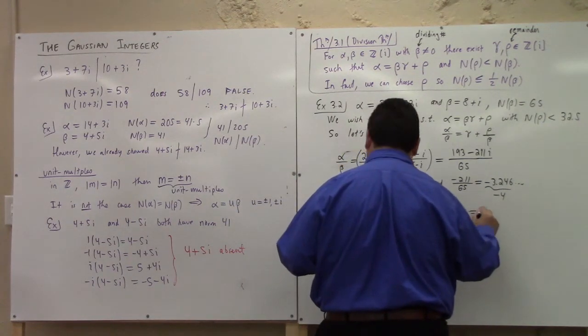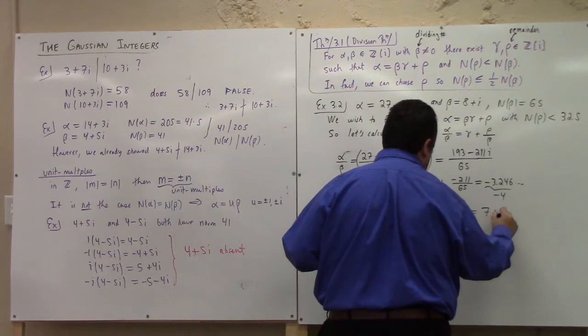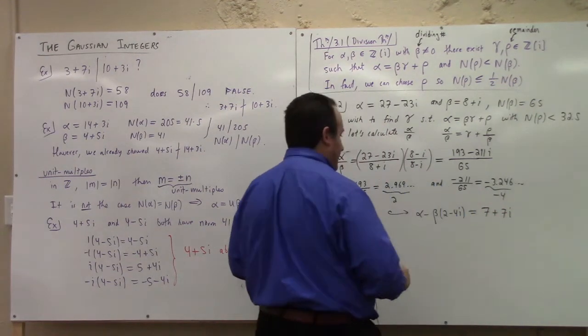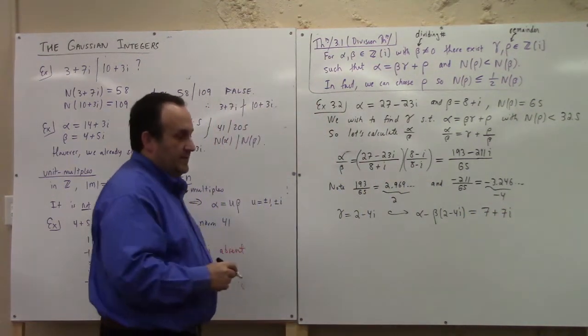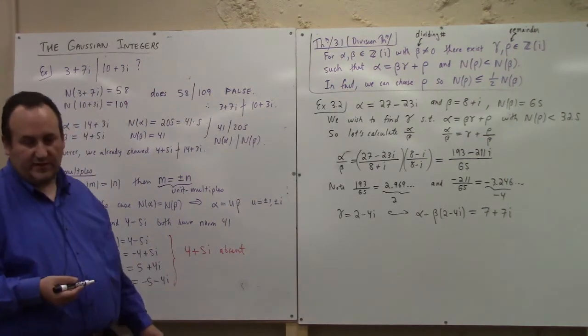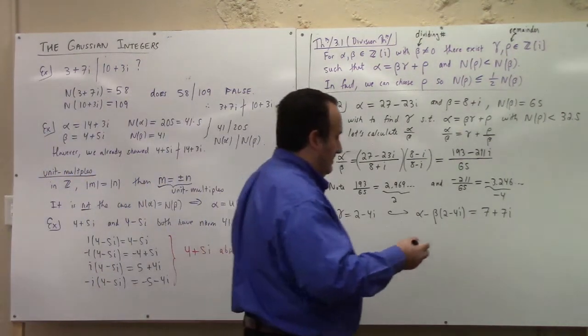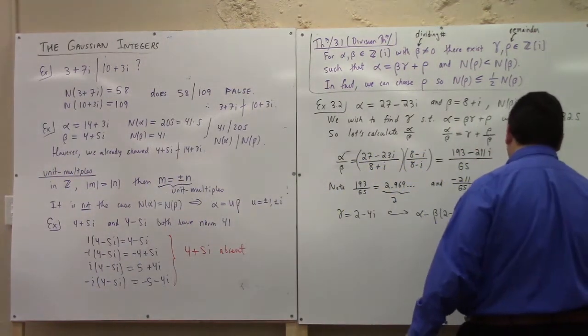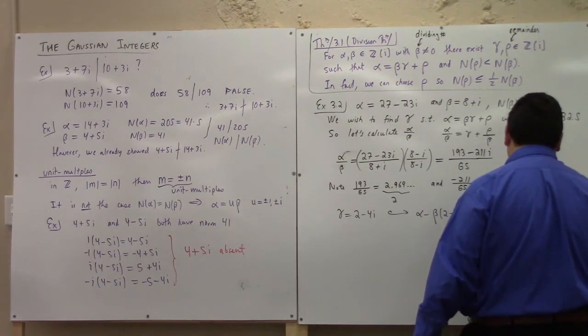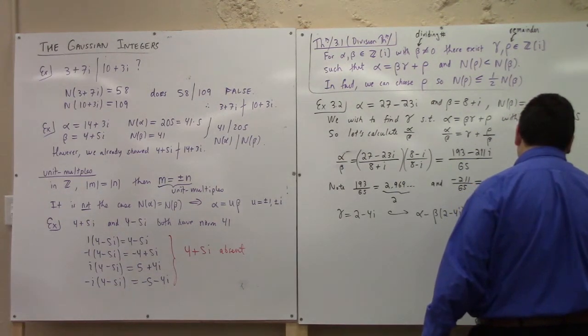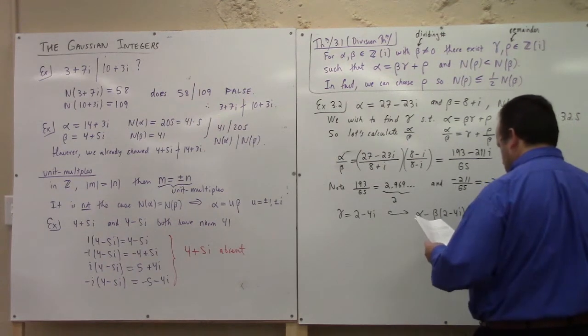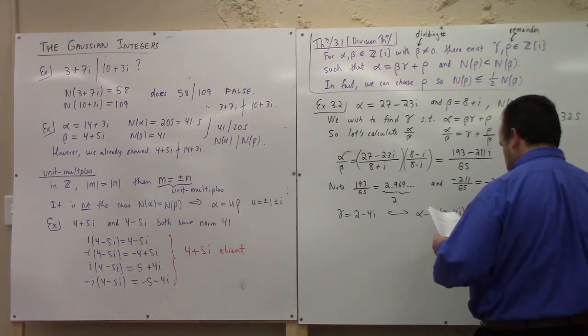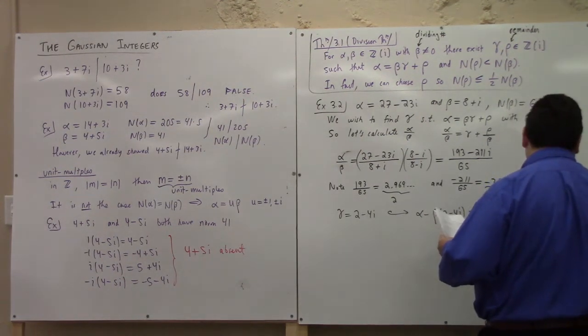Well, it works out to 7 plus 7i, right? And the norm of 7 plus 7i, what's that? This would be our rho, right? And the norm of that rho would be, what is it actually, 98, 49 plus 49, right?